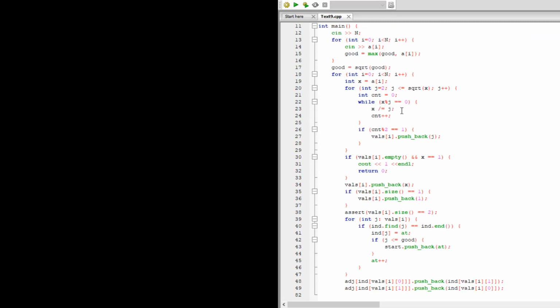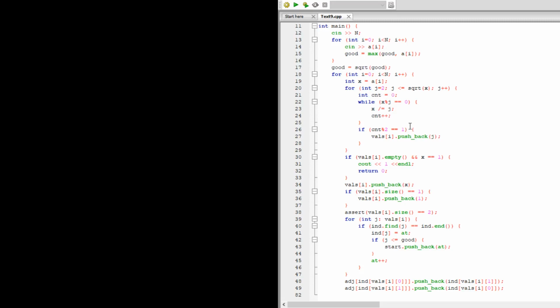So we need to find all the prime factors. We start from j is 2 and go up to square root of x. This is because if x can factor into two values, one of those two values will be less than or equal to the square root of x. We count how many times we're using this value, so that we know if it's an odd number of times or an even.